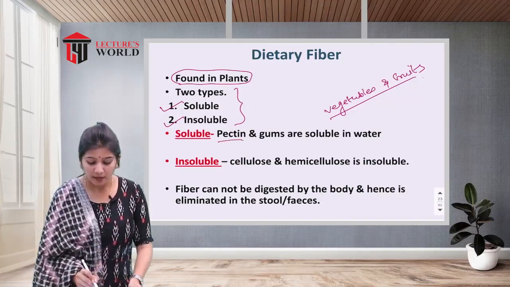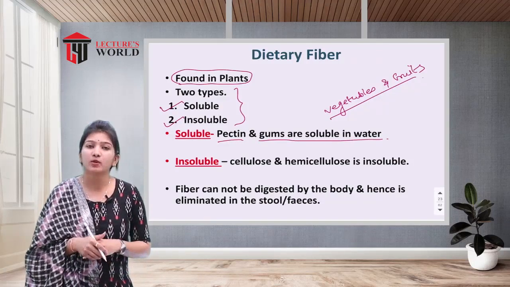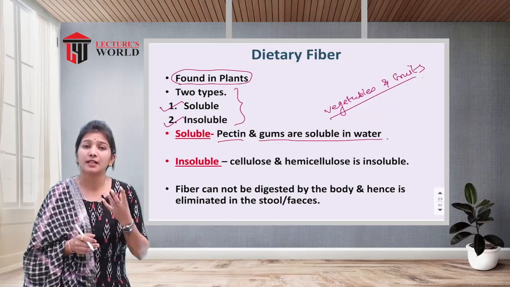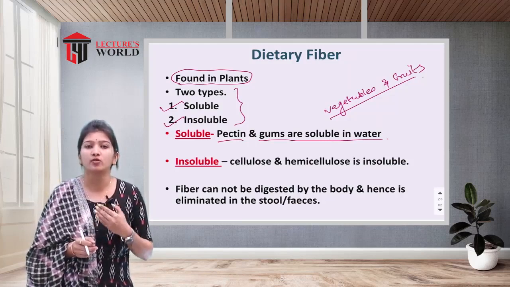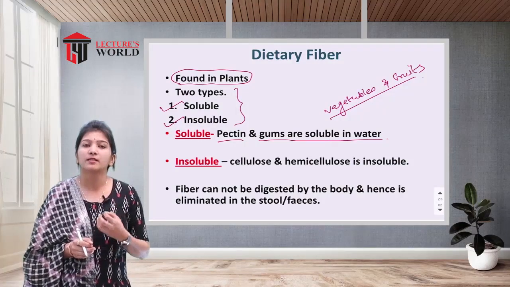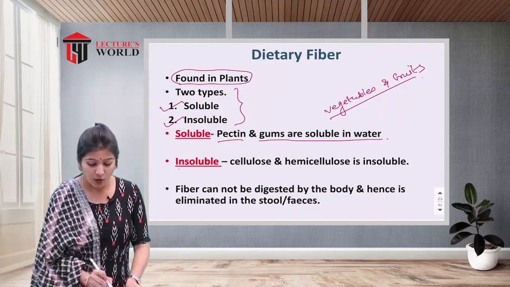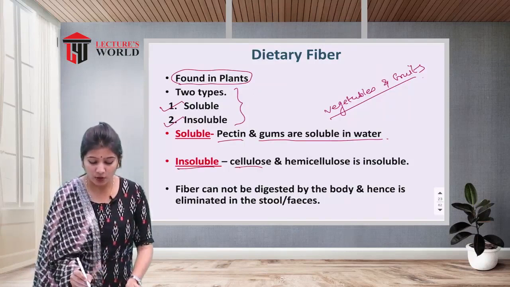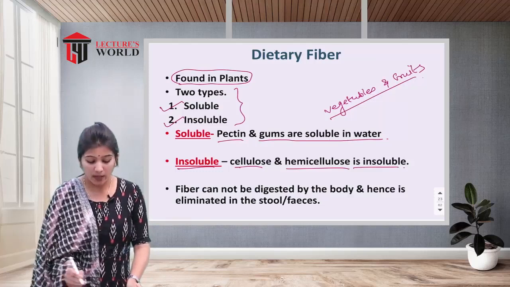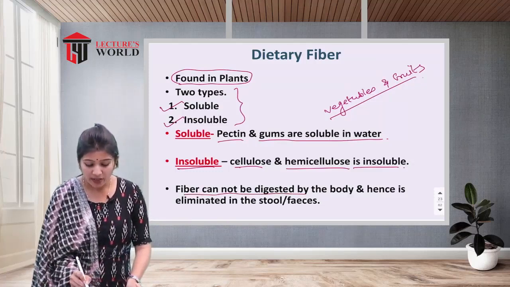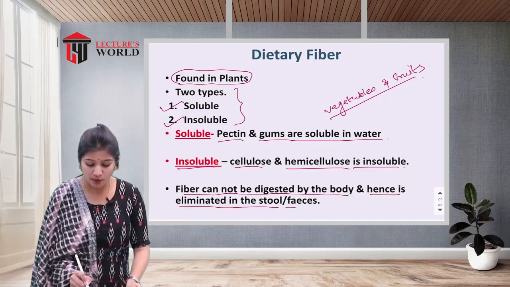Pectin and gums are soluble in water. They are types of dietary fiber which are easily soluble in our body, especially in fluid, that is water, or the fluid retained in our body. Next is insoluble fiber: cellulose and hemicellulose are insoluble fibers. Fiber cannot be digested by the body, hence it is eliminated in the stool or feces.